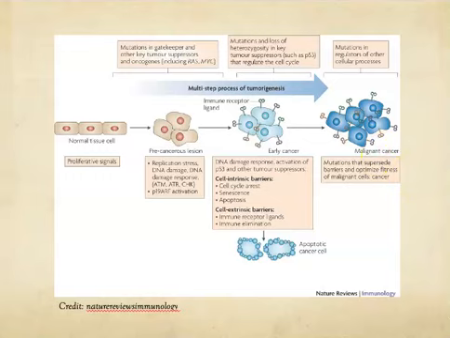It's interesting to note that most of the research that helped us understand the stages of initiation, promotion, and progression, most of that work was done by studying the effects of carcinogens on cells.